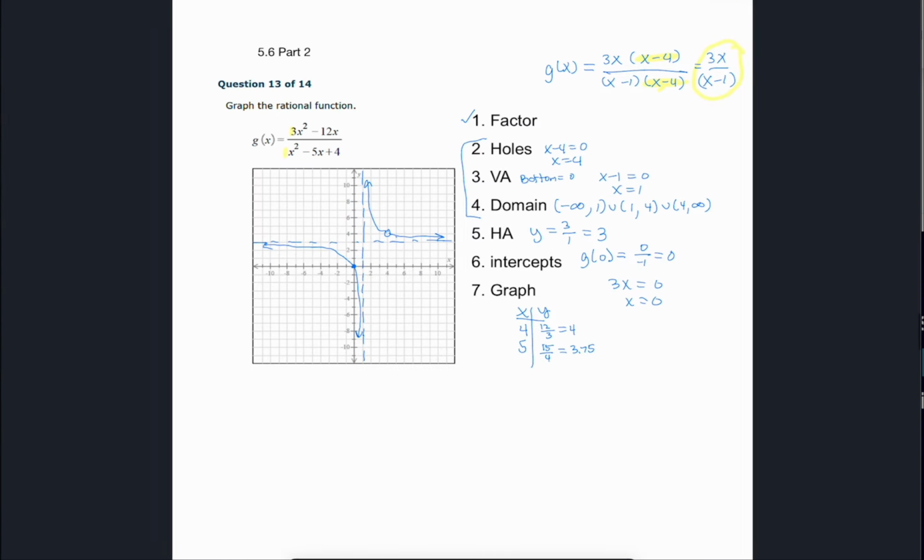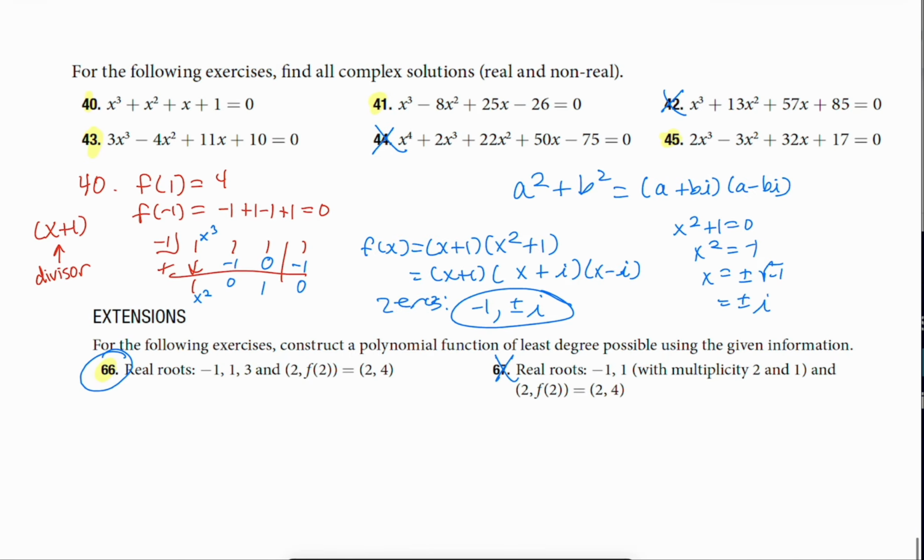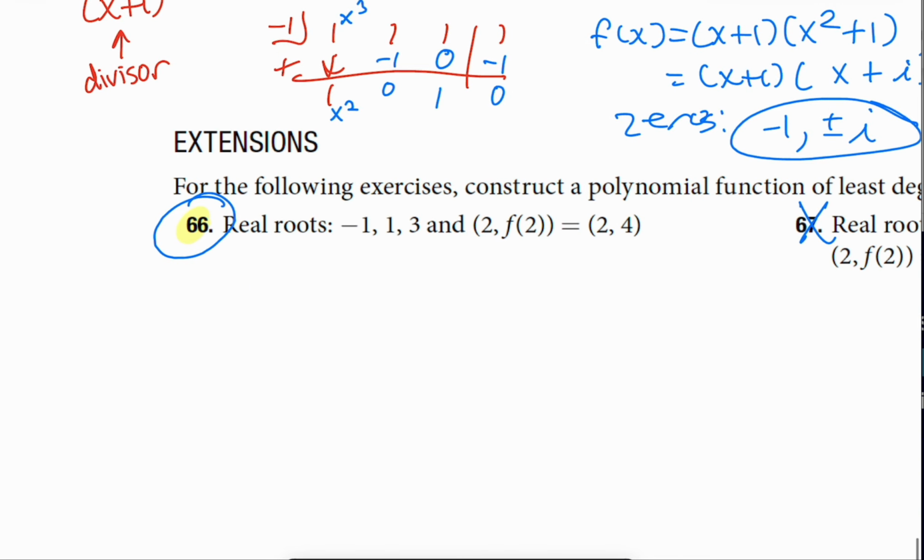I had some questions about the 5-5 homework number 66. So let's do that together. Now remember, for a function that has real roots or zeros, that's kind of the template you want to use.